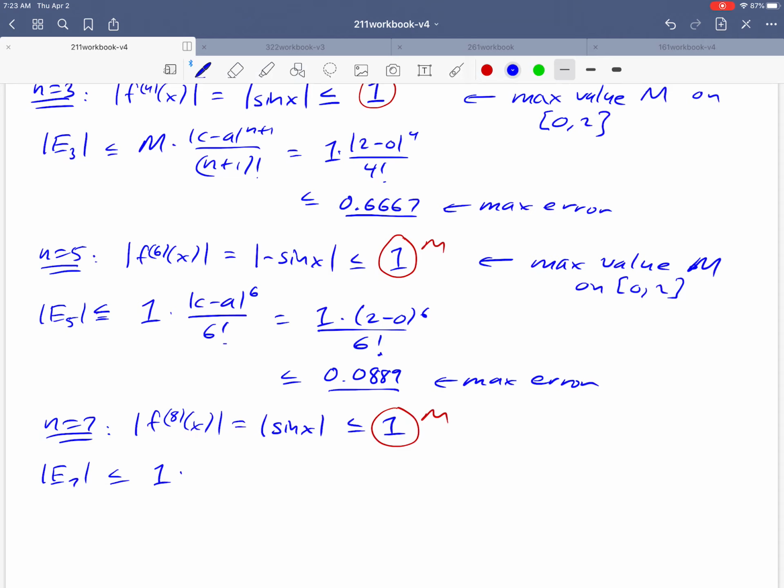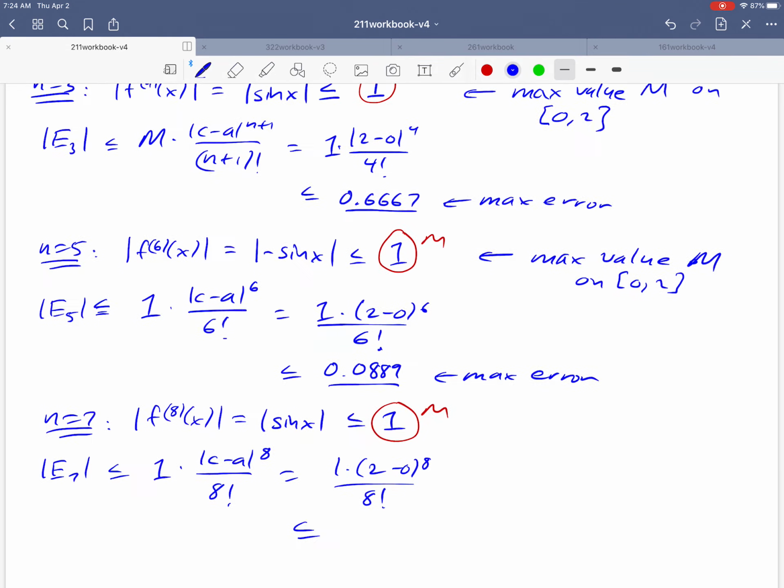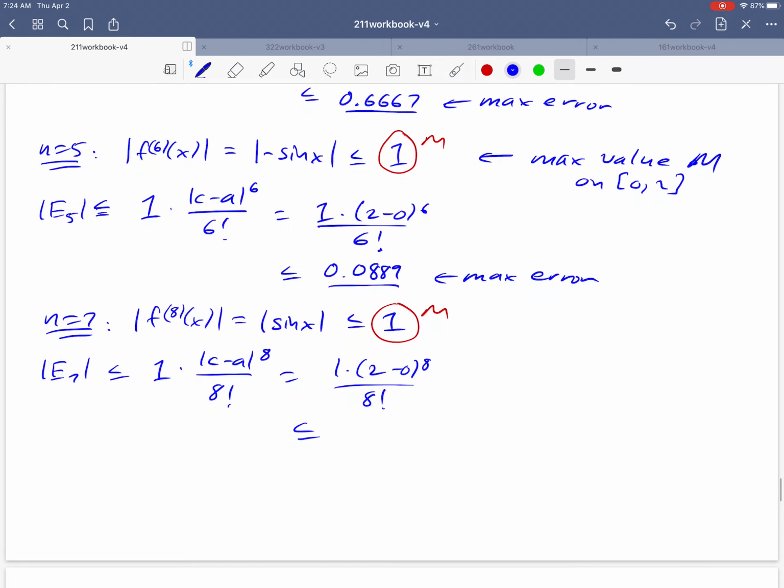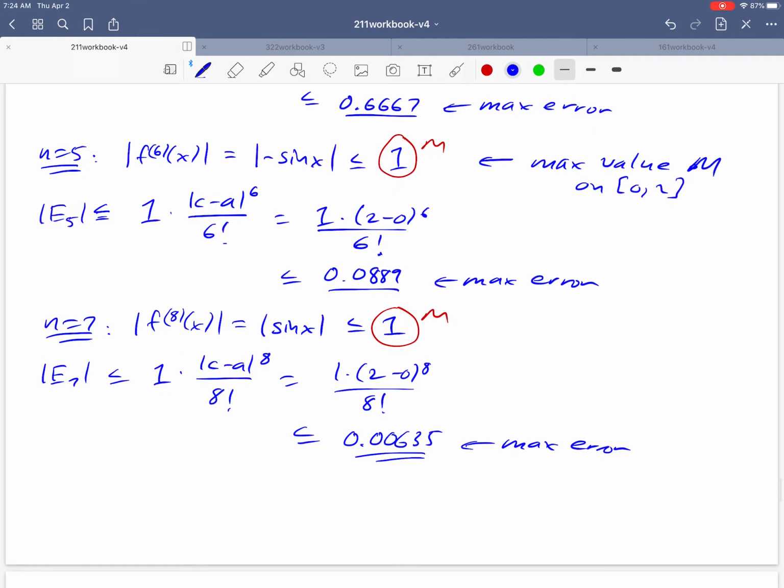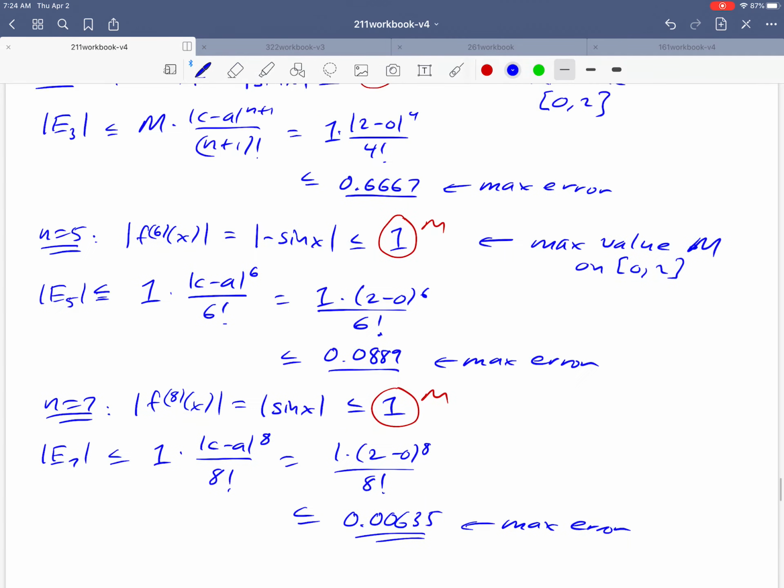So we just calculated our m to be 1, and the c minus a this time is going to be raised to the n plus first power, which is 8. Fill in the c and the a. And then our calculator can tell us that this time we're going to get a maximum possible error of 0.00635. Fill that into our table up above.